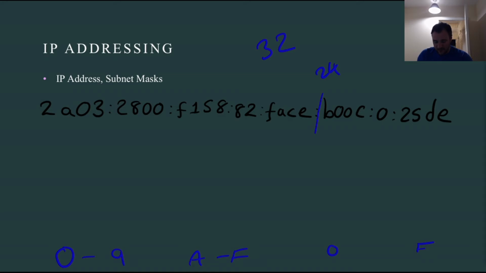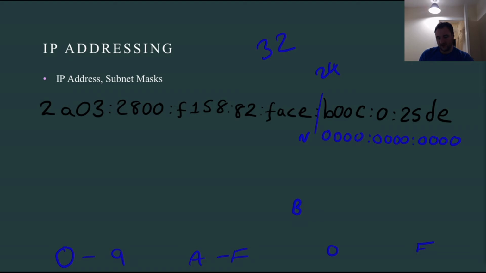So we can say all zeros. Correction, that's its network, because that's the first available. Going for the broadcast, from the 2A03 all the way up to the FACE section is the network portion of that address.